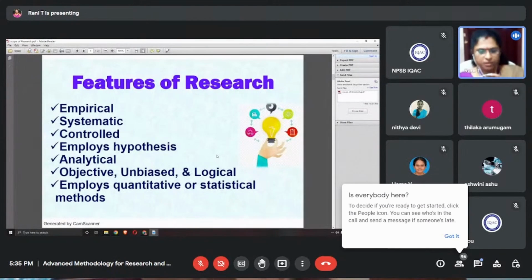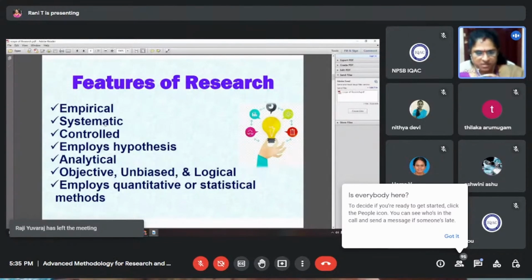Normally in literature they use the descriptive methodology. Here, when we talk about the features of research, we know that empirical means experiment with observation, and second, systematic has a process as well as steps. If it is controlled, what do we have to control?